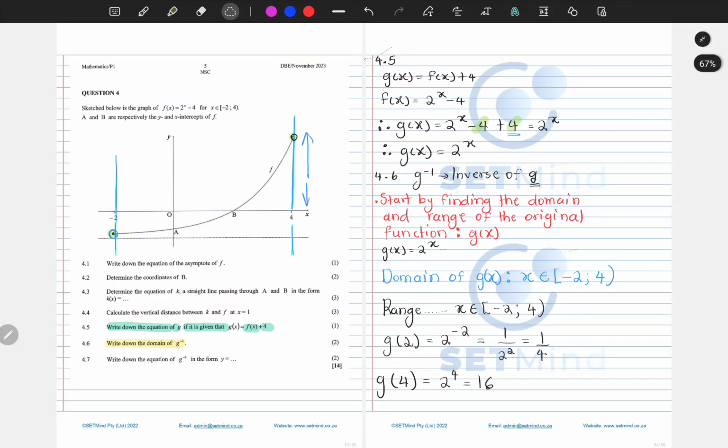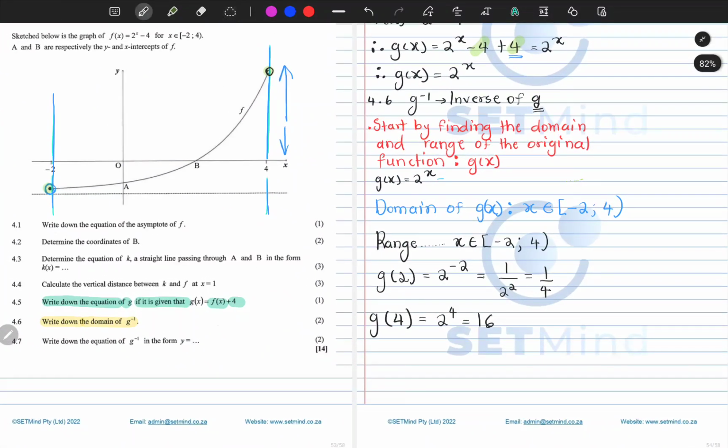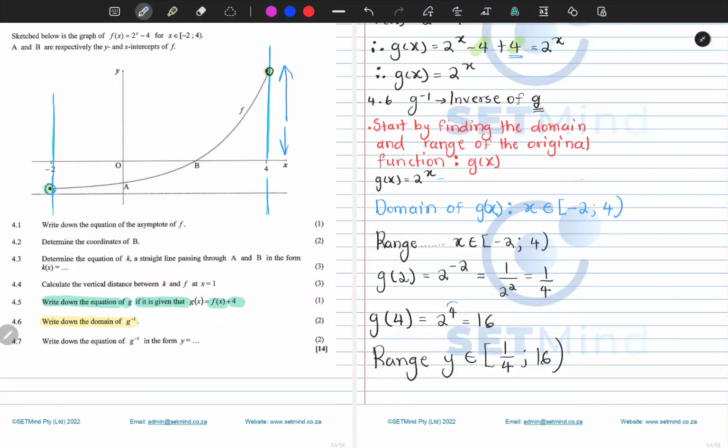So if I quickly now put in our range, you should see that the range will be an element of, I will have 1 over 4, and then the 16 I will exclude, because the 16 I got it using x is 4, and x is 4 is not included.